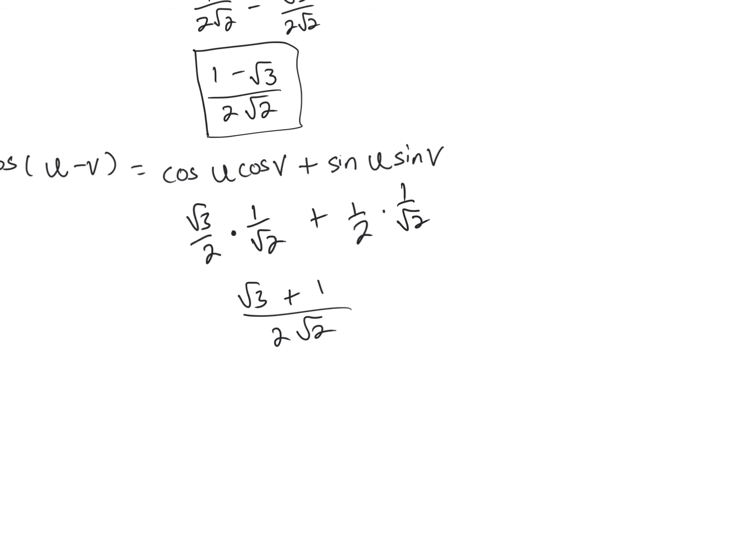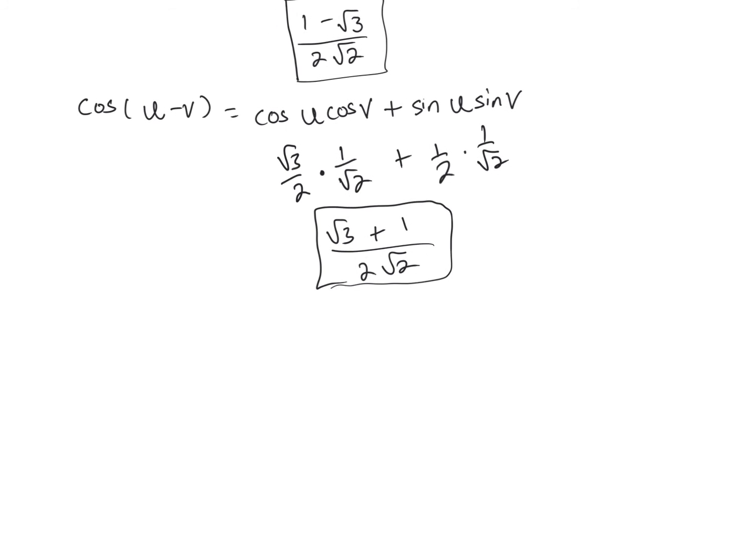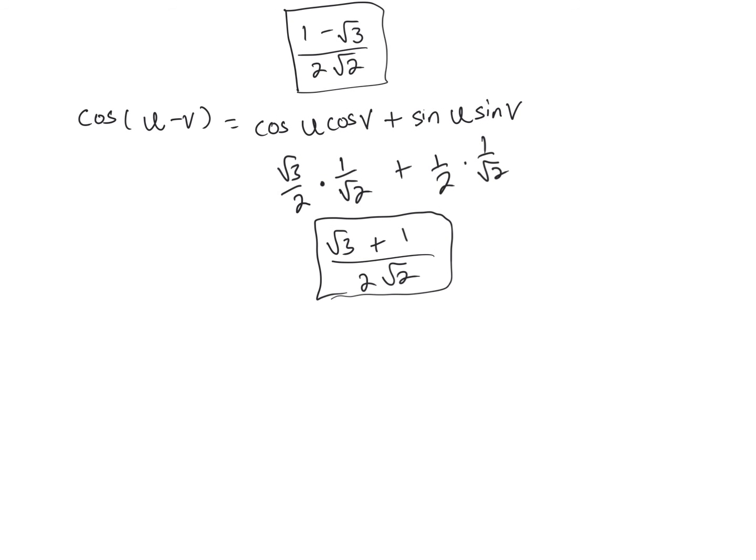For my tangent, I could use the tangent formula, or since my sine and cosine have the exact same denominator, the 2 root 2, I can divide them by each other. So we know tangent is the same thing as sine over cosine.